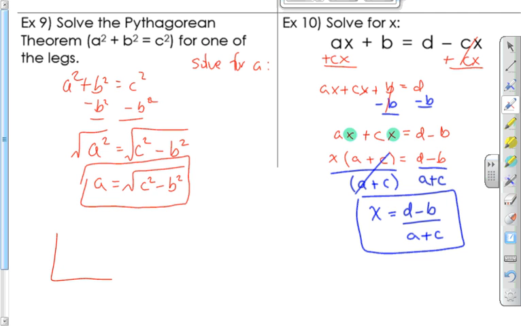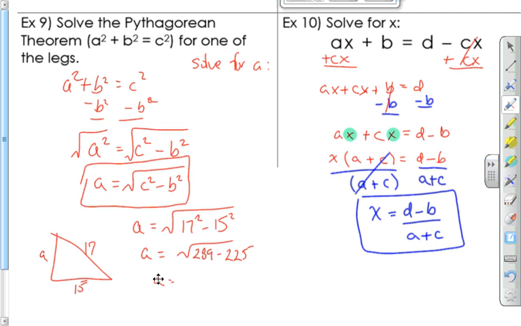Let's say we had a right triangle with an unknown leg, a, and we had a known leg, say 15, and a hypotenuse, 17. So we could use this by substituting the values for c and b, right? This would be the square root of 17 squared minus 15 squared. 17 squared is 289, and 15 squared is 225.